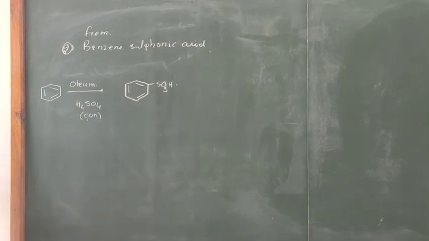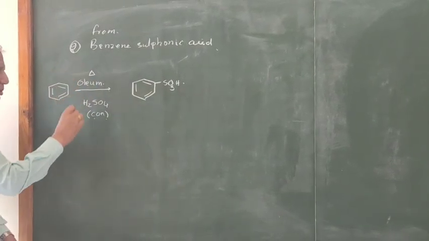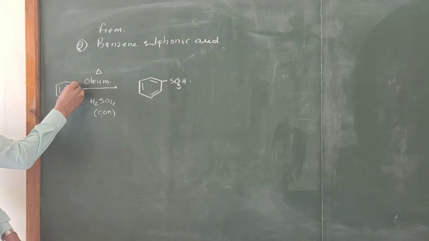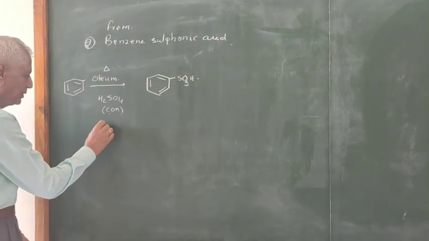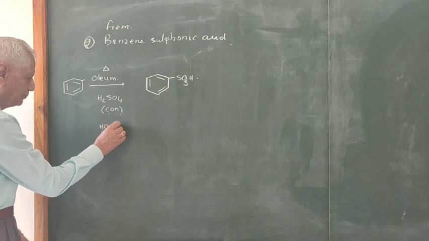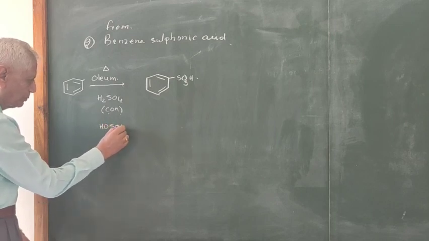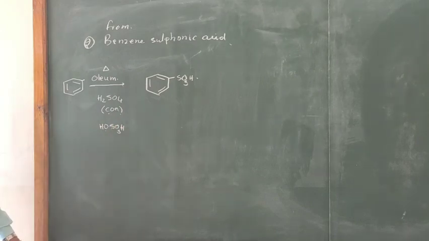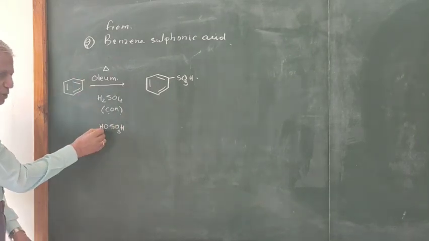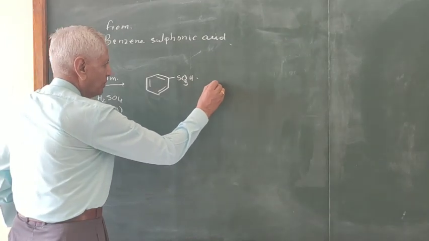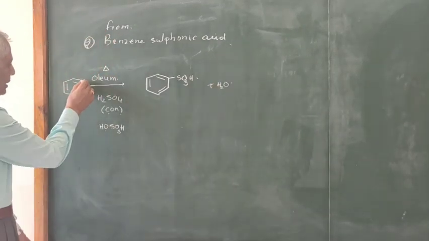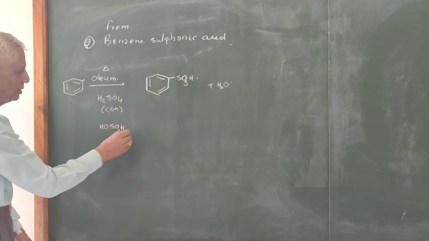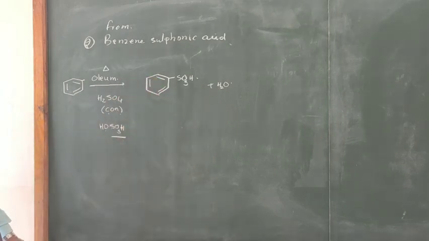So when benzene is heated with oleum, concentrated sulfuric acid, one H is replaced by SO3H. Sulfuric acid is H2SO4, it can be written like this. So the H here and the OH here separate out in the form of water, and you will get H replaced by SO3H. And this is called benzene sulfonic acid.